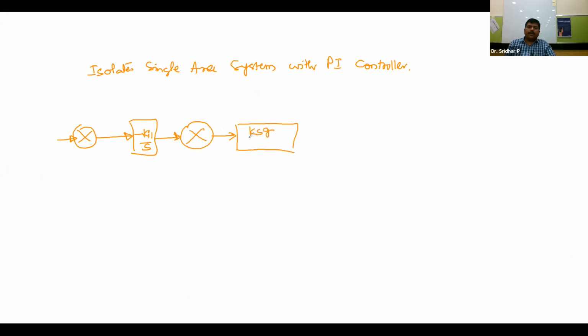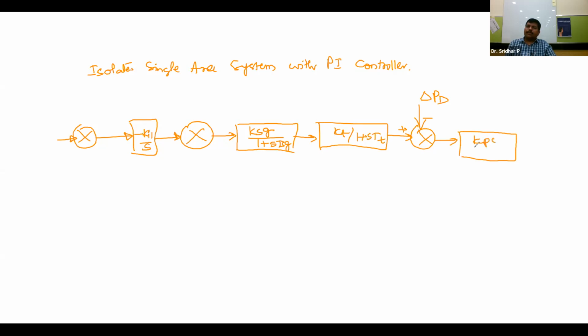Ksg by 1 plus STSG, and next one is Kt by 1 plus STTT, and this will be given to this. So this is the delta PD, minus, this is plus, and this is KPS by 1 plus STPS, and this value is the delta F of S.